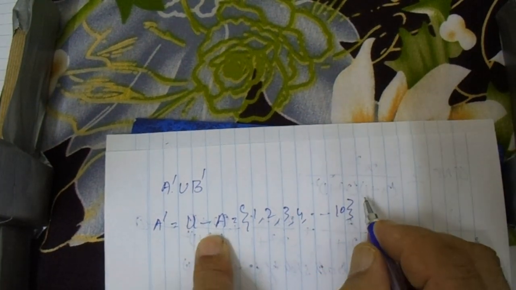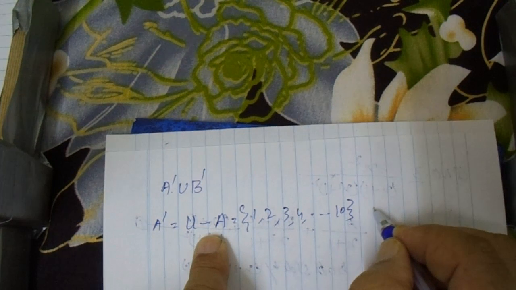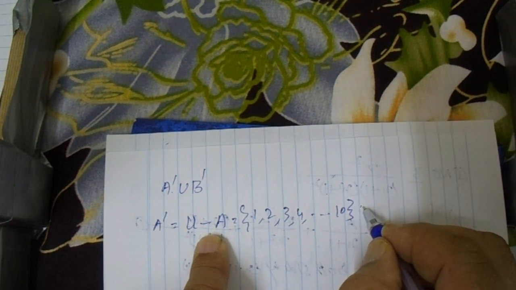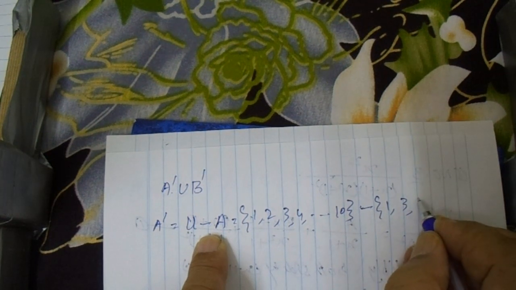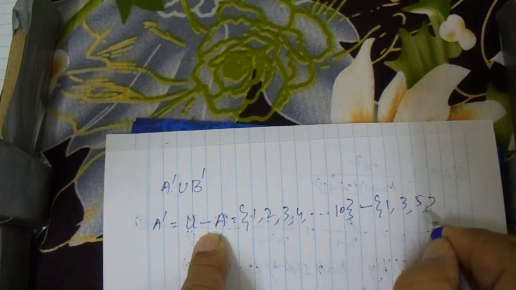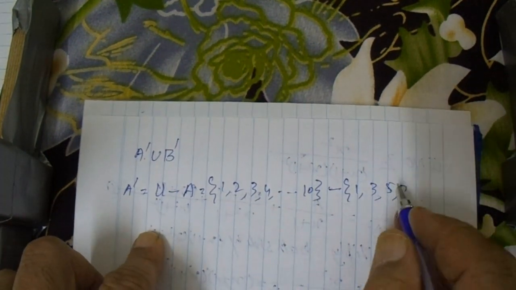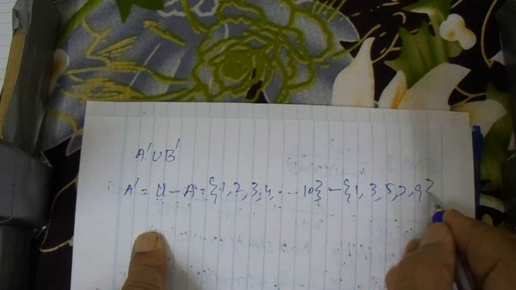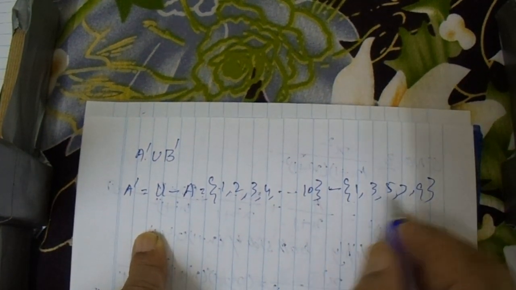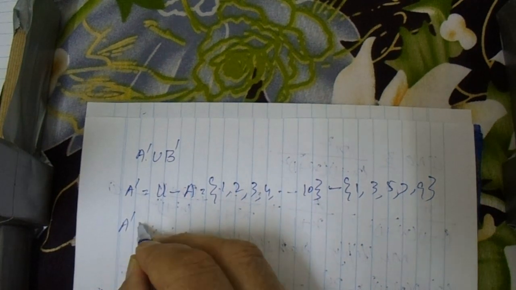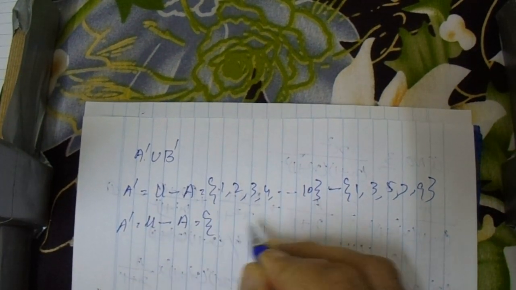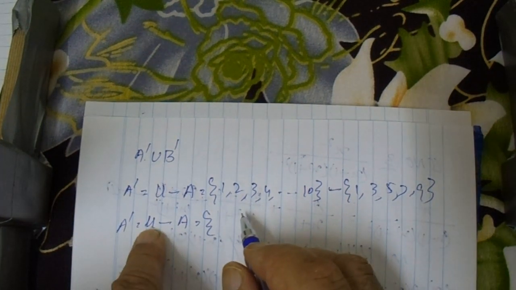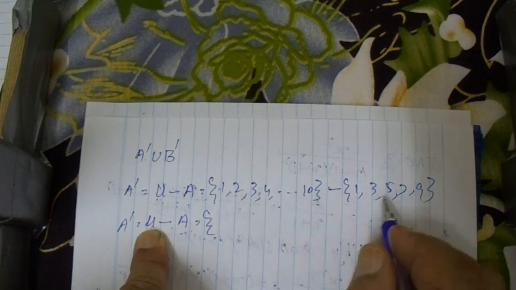Now A is 1, 3, 5, 7, 9. A complement is equal to the universal set minus A. It means we write all the elements of the universal set which are not present in A.